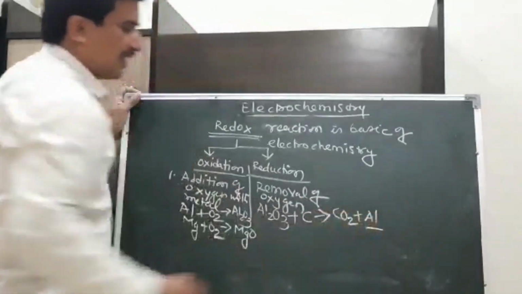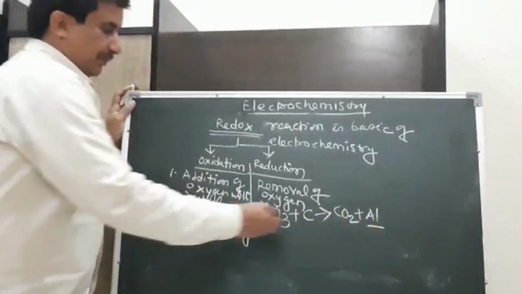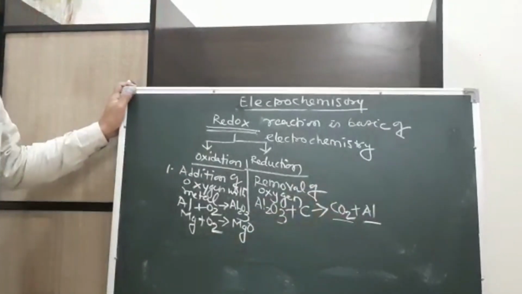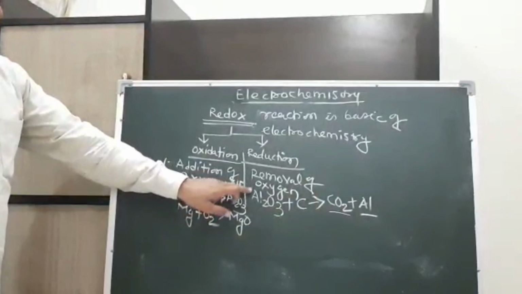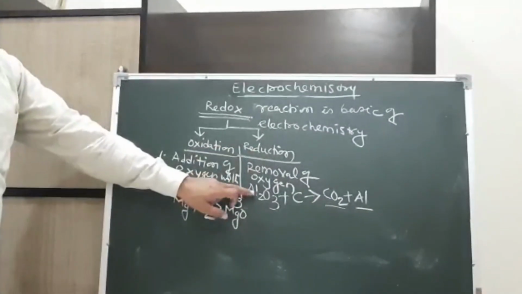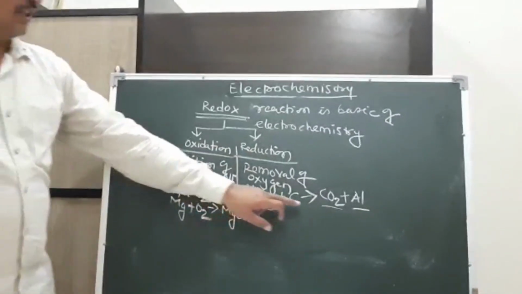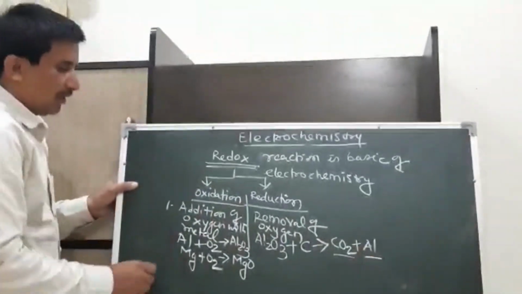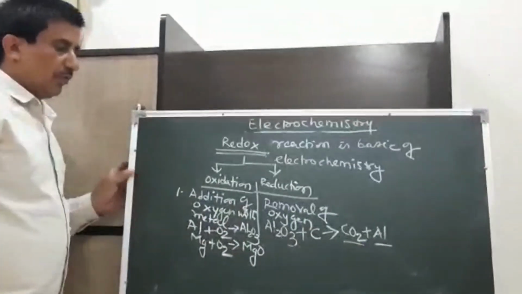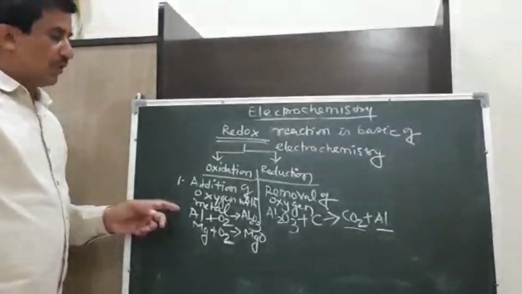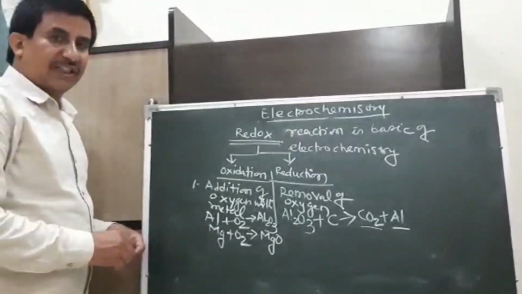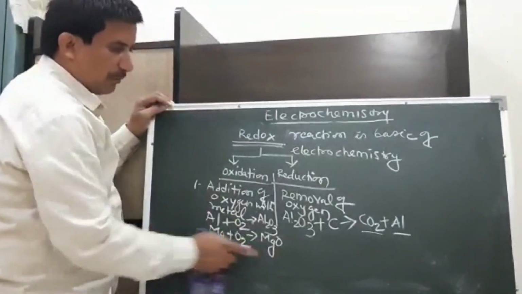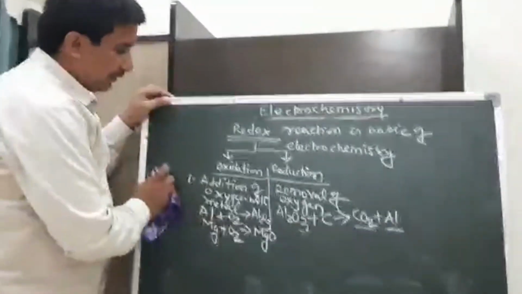Here aluminium is getting freed and carbon is getting oxidized to carbon dioxide. So the removal of oxygen means reduction. Here reduction of Al2O3 into aluminium is taking place. Another characteristic which can be taken for oxidation is the removal of hydrogen. So this was the first point, just note it.